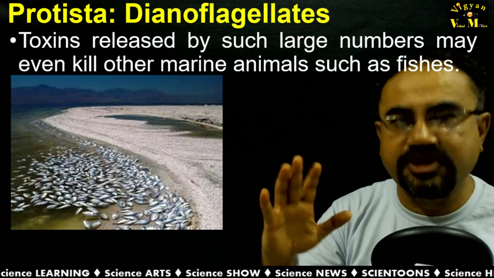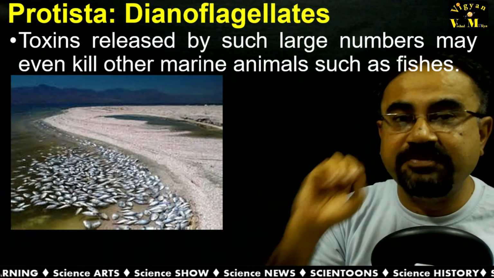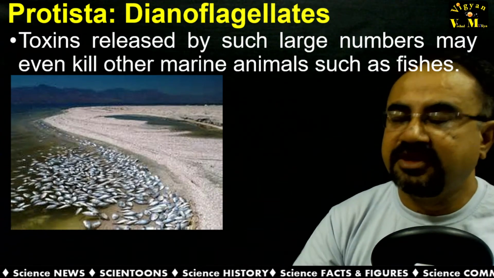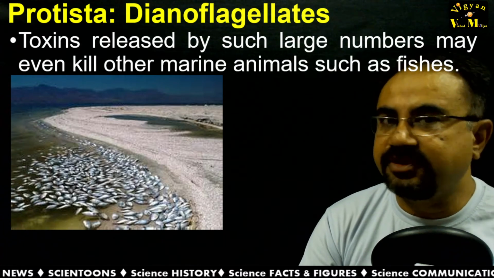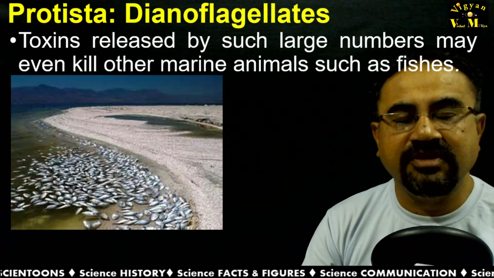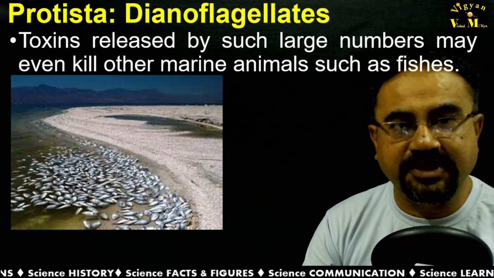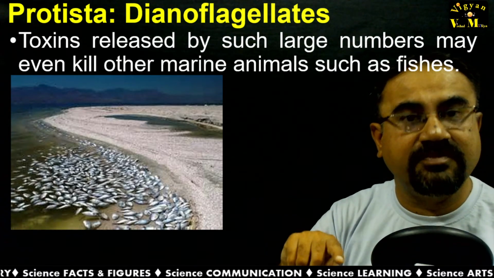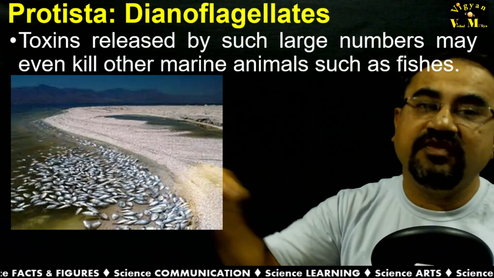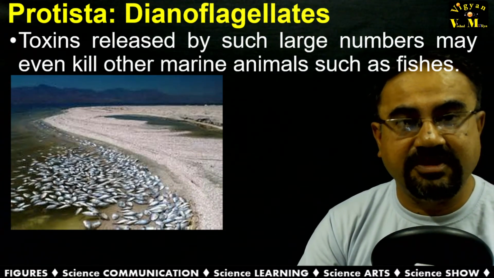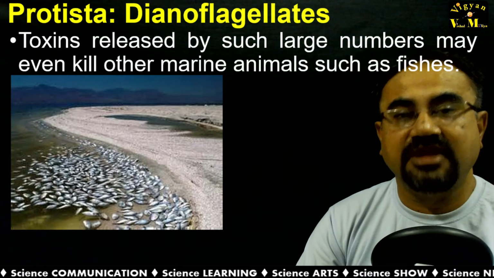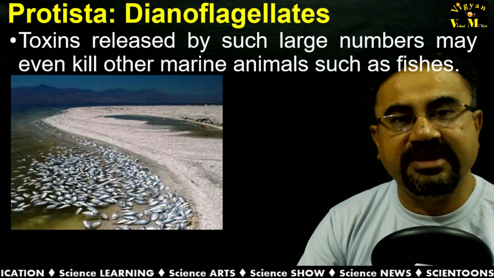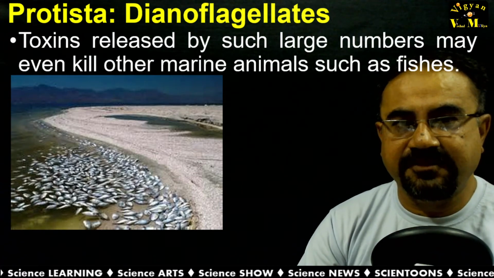Millions and millions of fish die, even birds die because of this outbreak, and that damages the ecosystem of that area, and even the economy of the villages which depend on fisheries. So it sometimes causes a lot of harm to the environment as well as to human beings.